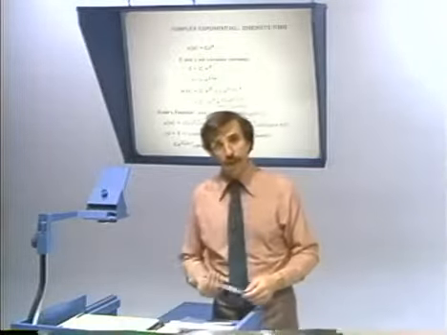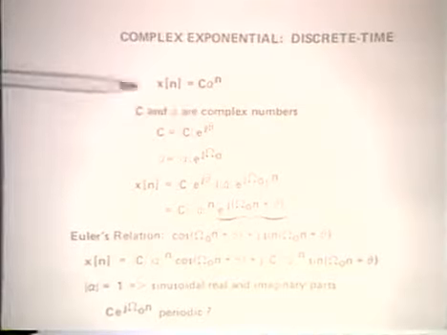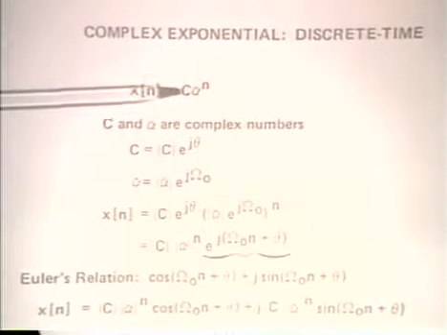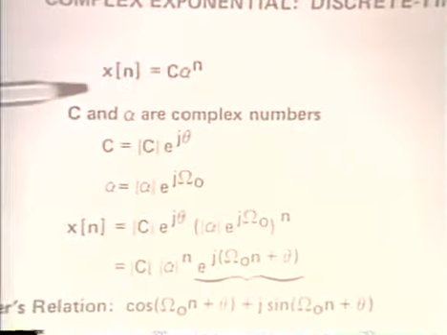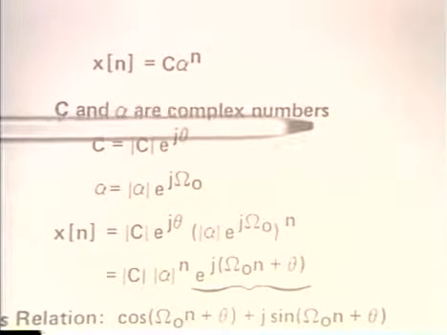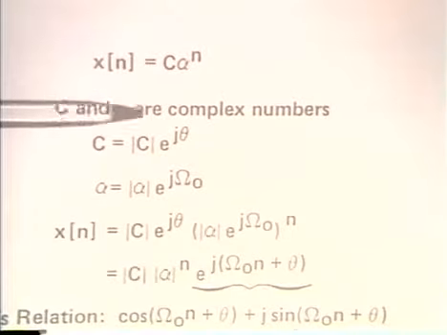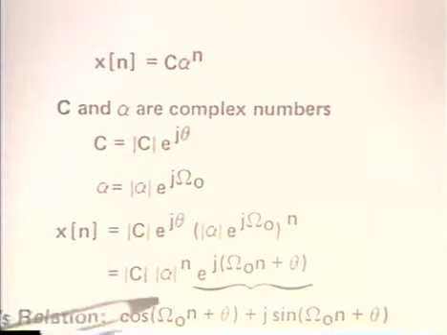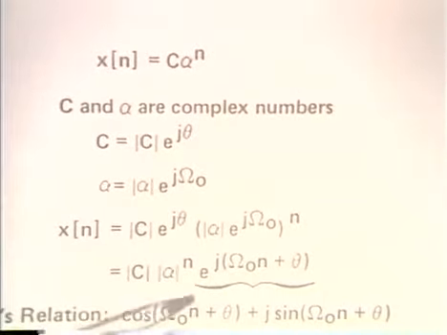The expression for the complex exponential looks very much like the expression for the real exponential, except that now we have complex factors. So c and alpha are complex numbers.